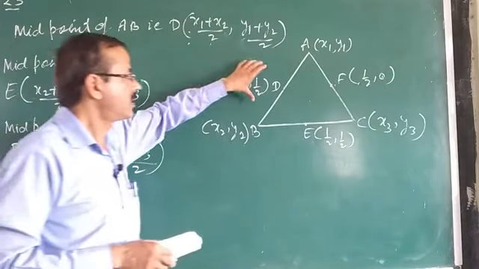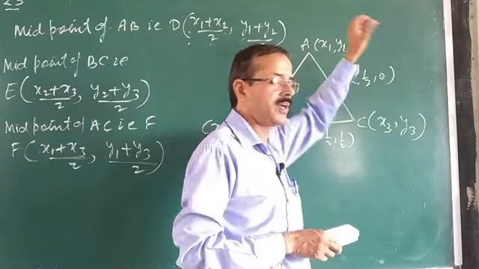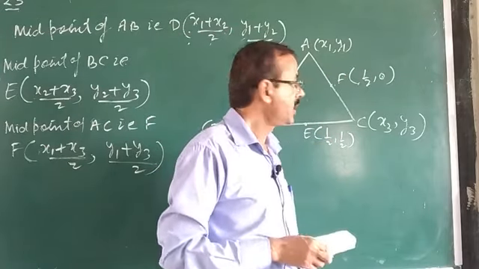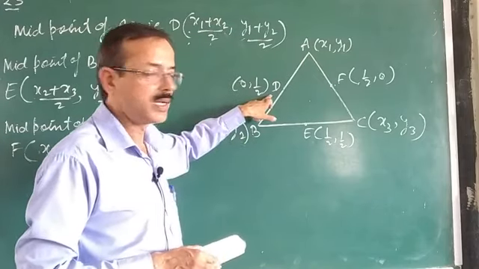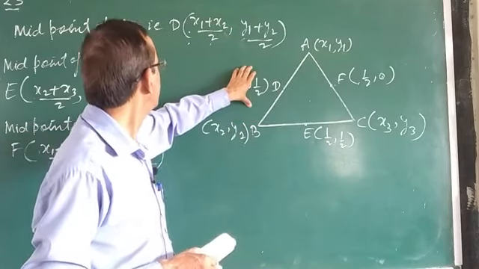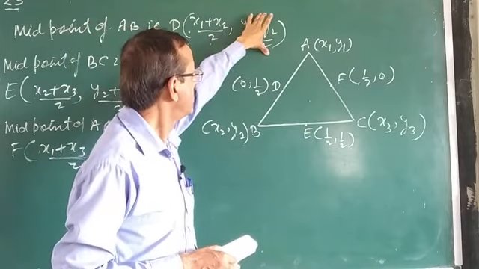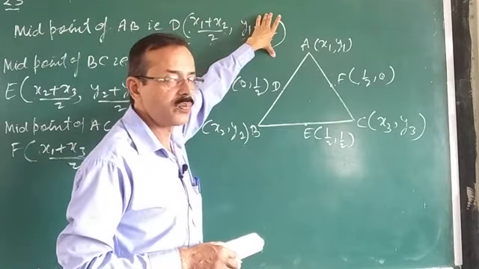But the midpoints are already given in the question. It means the midpoint of AB is D, that is (0, 0.5). So this is equal to D. So 0.5 will be equal to this point.